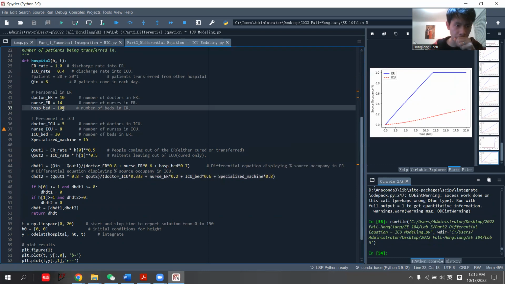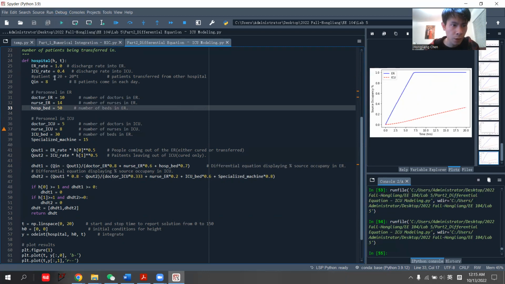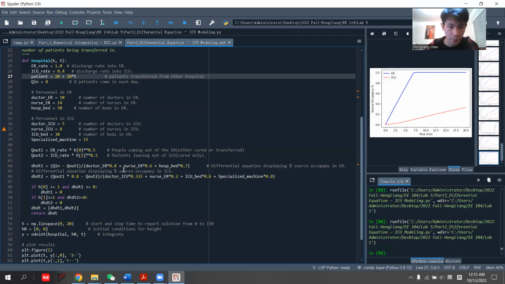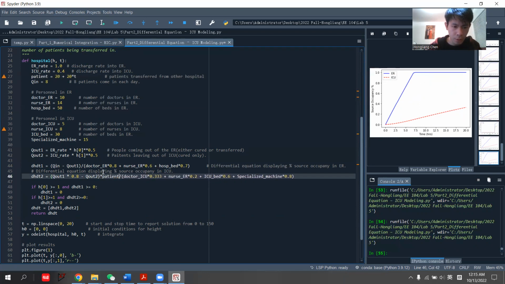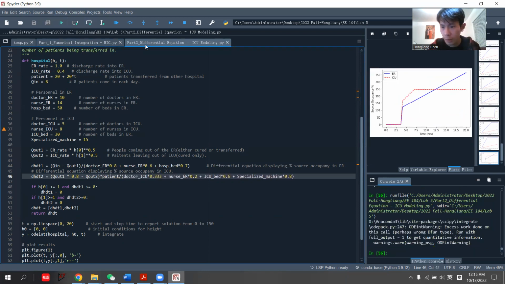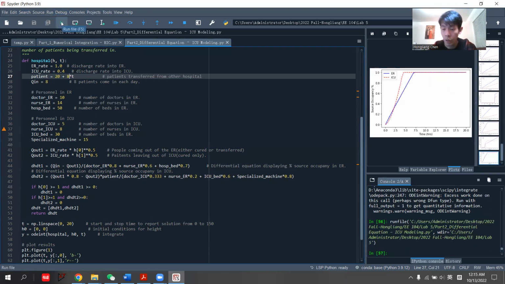If I have 3050 beds for the ICU, there are too many patients being sent in. Sorry it is taking so long to set up the parameters.